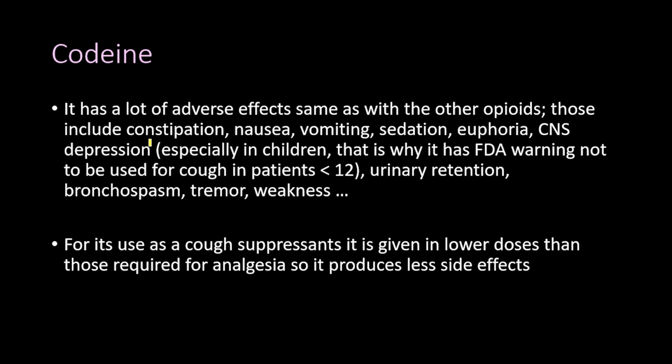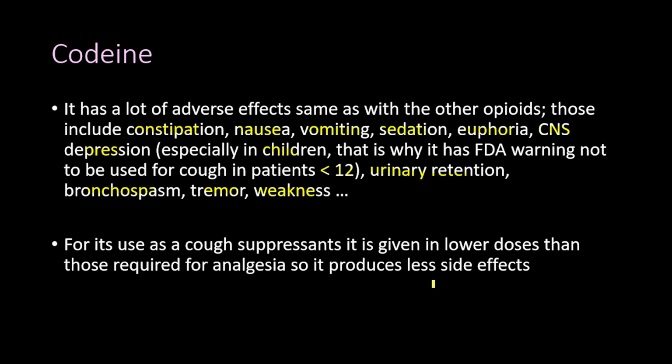So codeine may lead to constipation, nausea, vomiting, sedation, euphoria, and central nervous system depression, and central nervous system depression occurs more in children. That is why the FDA has a warning that the codeine is not to be used for cough in patients younger than 12 years old, and codeine may also lead to urinary retention, bronchospasm, tremor, weakness, and of course, the codeine may lead to dependence.